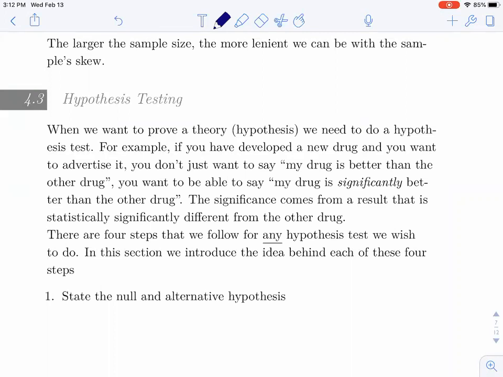This "statistically significant" gets thrown around a lot. There's a lot of work that gets put into being able to say statistically significant, and that's what hypothesis testing is going to be all about.